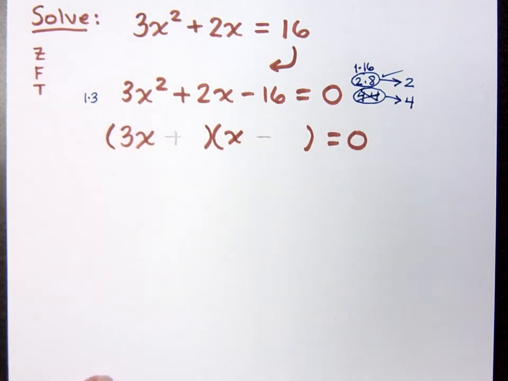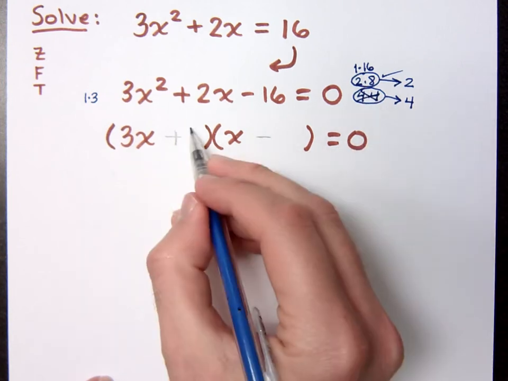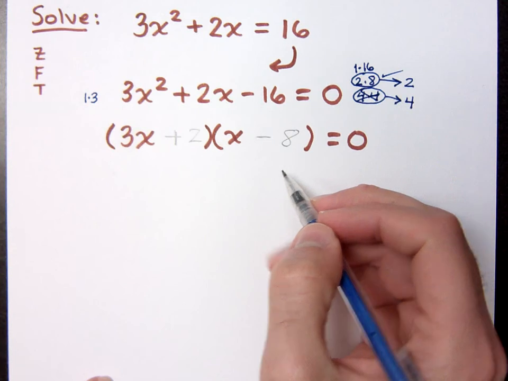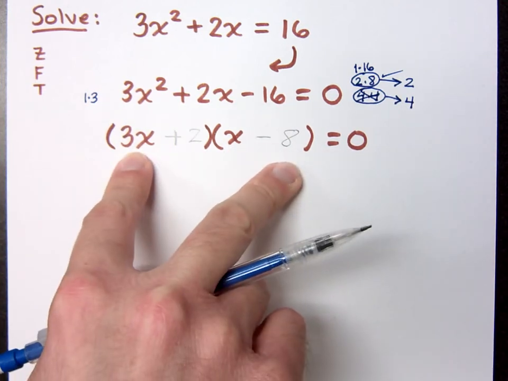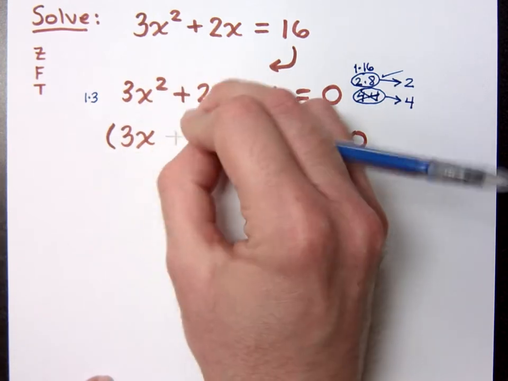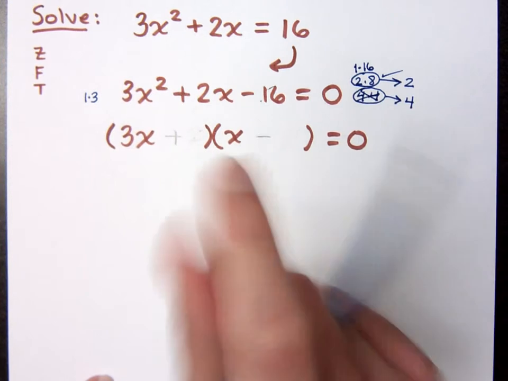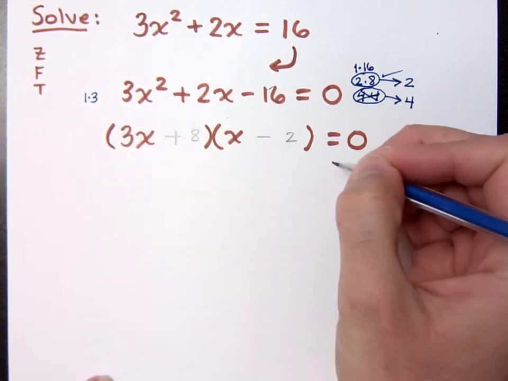Now, if I'm going to use the 2 and the 8, let's see what happens. If I put the 2 here and the 8 here, does that work out? That gives me a plus 2x but a minus 24. That's nowhere close, is it? What if I swap these? If I put the 8 here and the 2 here, does that work out?